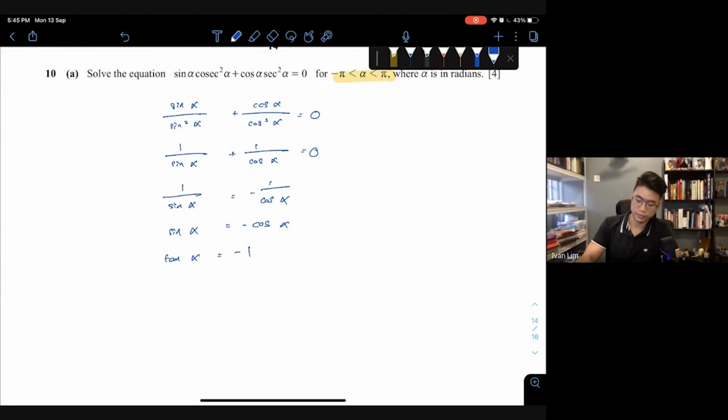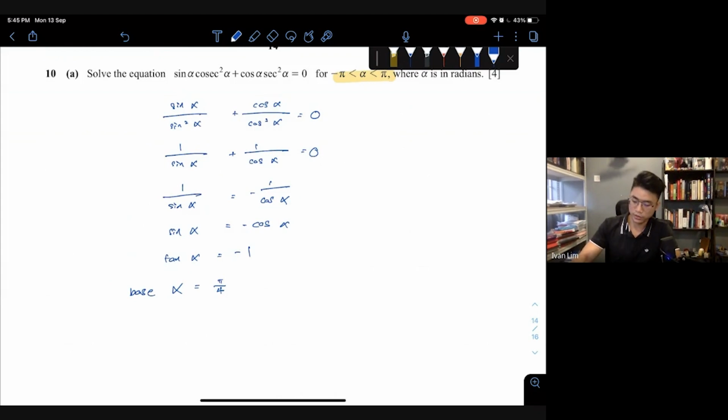We need to find what's our base angle first. So alpha, shift tangent 1, we will get, okay, this one you might want to use another symbol because alpha in this case is already the angle. So I'll just write a base alpha. Okay, base alpha. You can write it as theta or any other symbol. Write it as A also can.